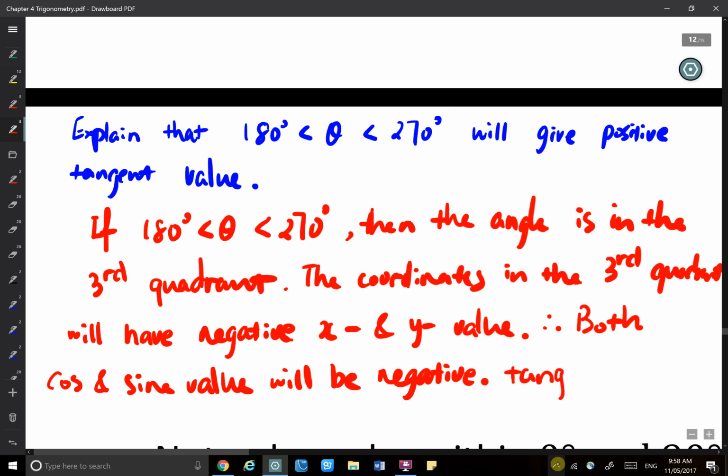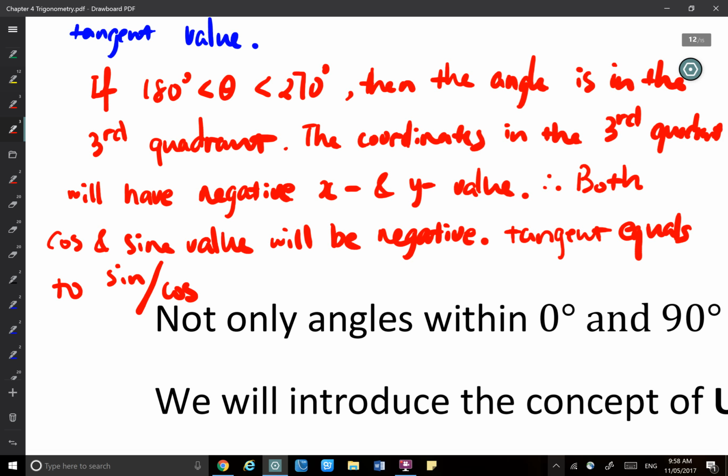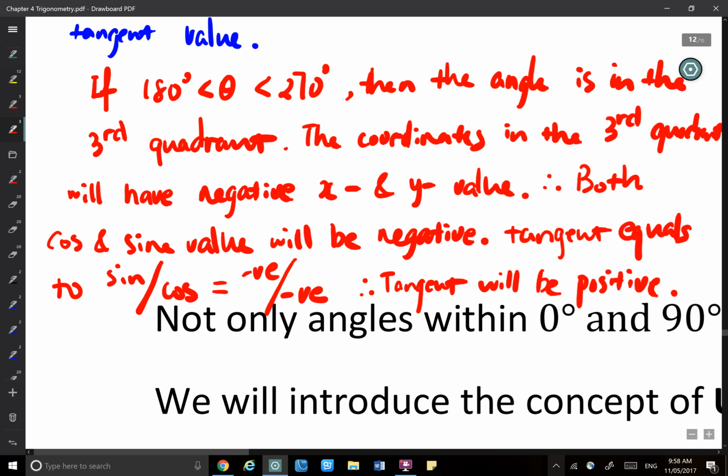Tangent equals sine divided by cosine, which equals negative values over negative values. So tangent will be positive.